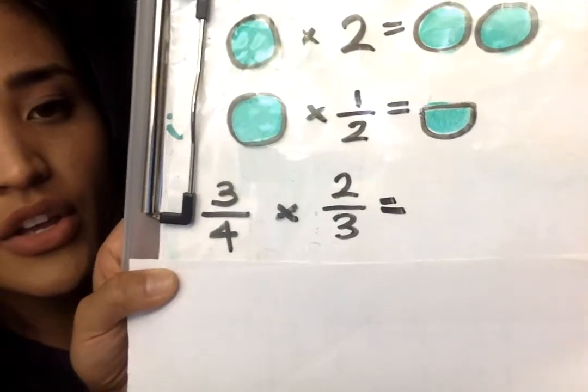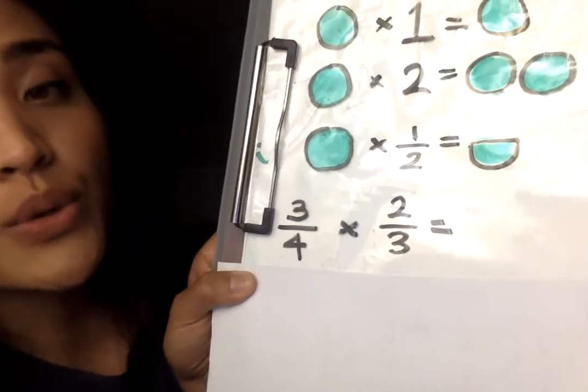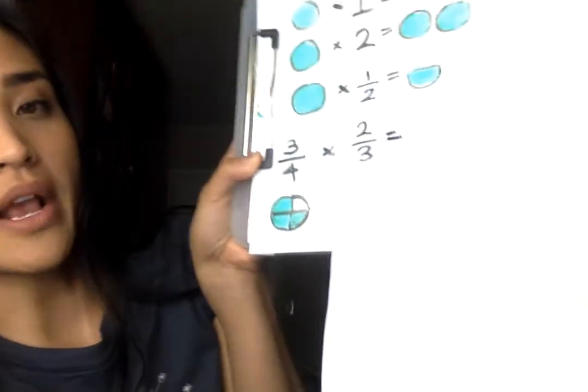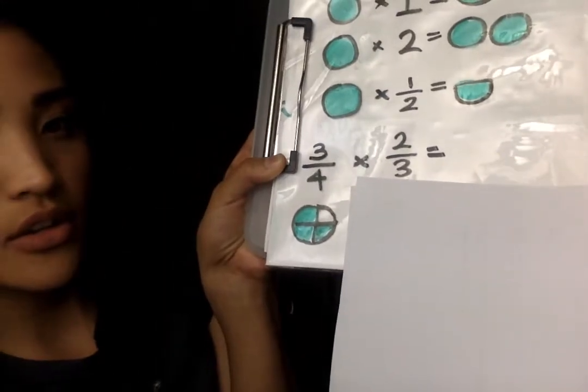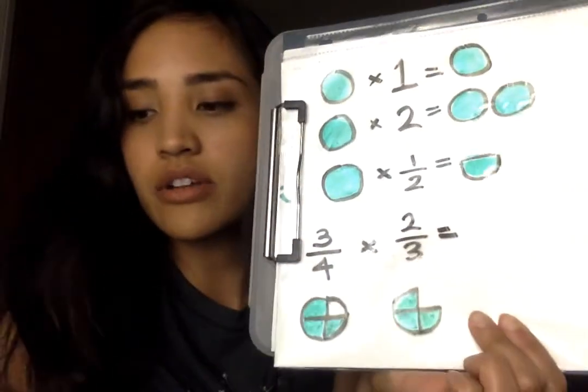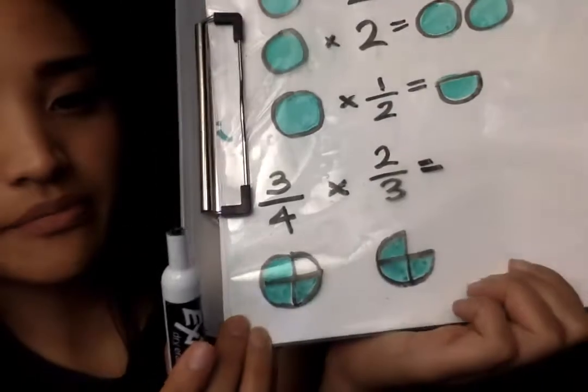So pay attention, because now I have 3/4 times 2/3. And 3/4 can be drawn like so, right? Here's my 3/4.